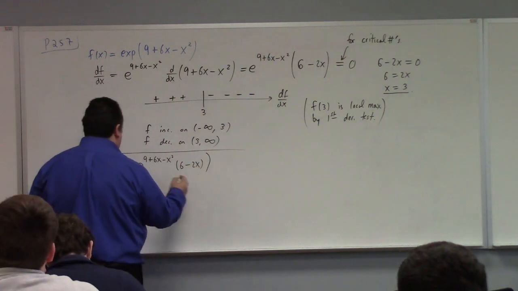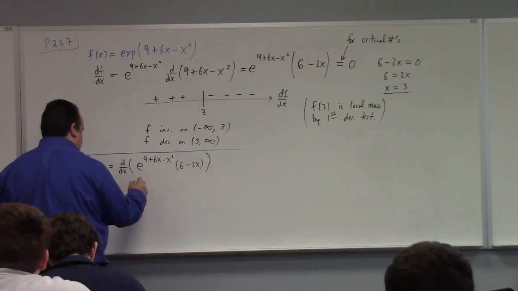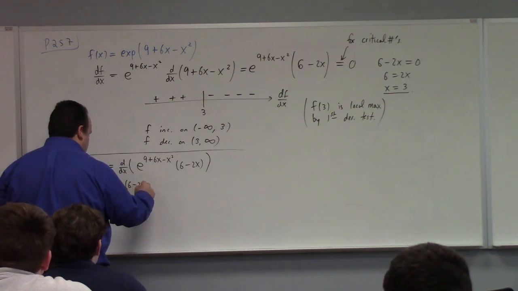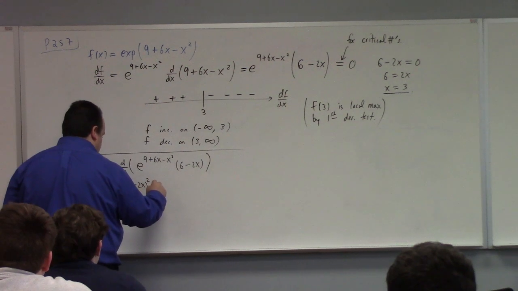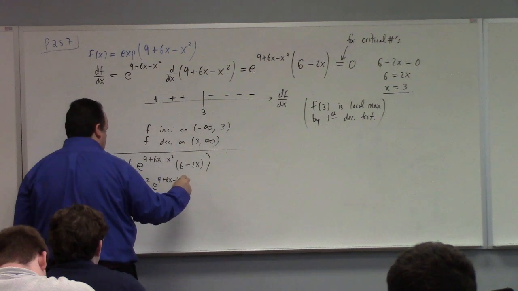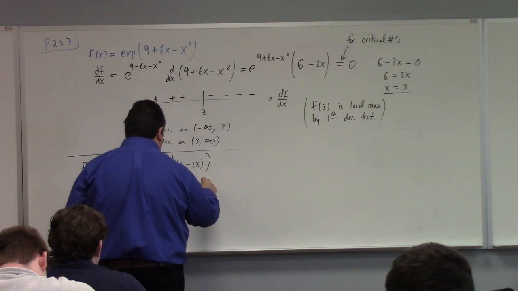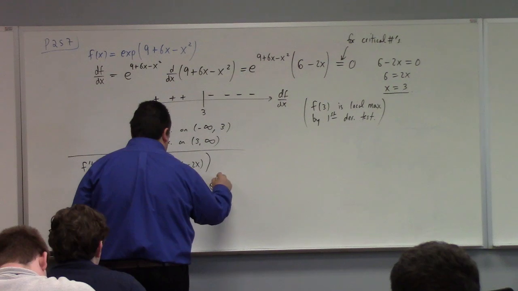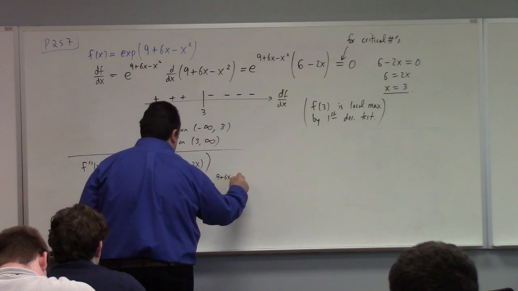That requires the product rule. So we get 6 minus 2x quantity squared times e to the 9 plus 6x minus x squared, and then minus 2 times e to the 9 plus 6x minus x squared.